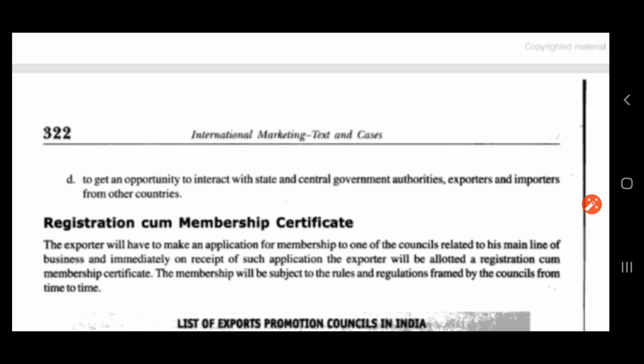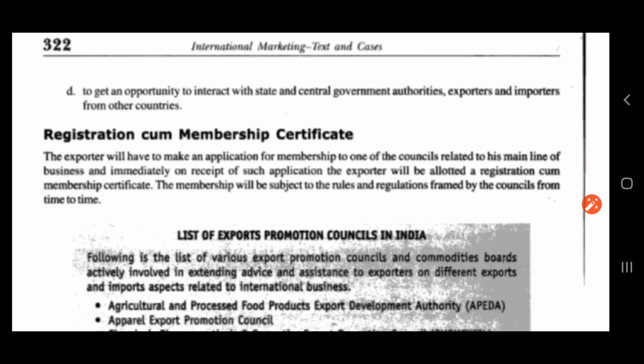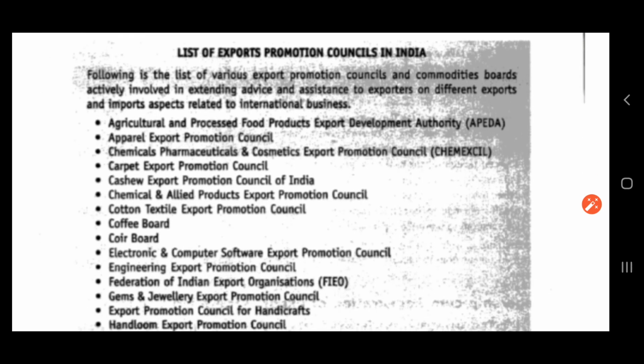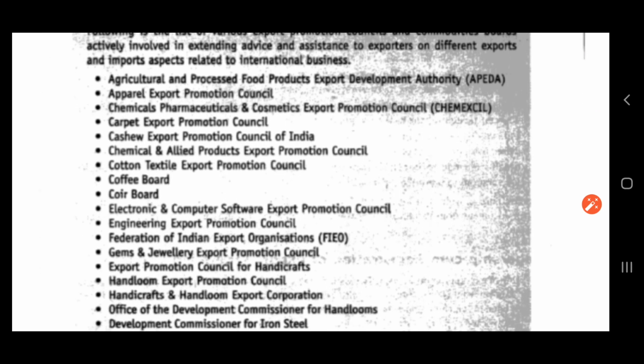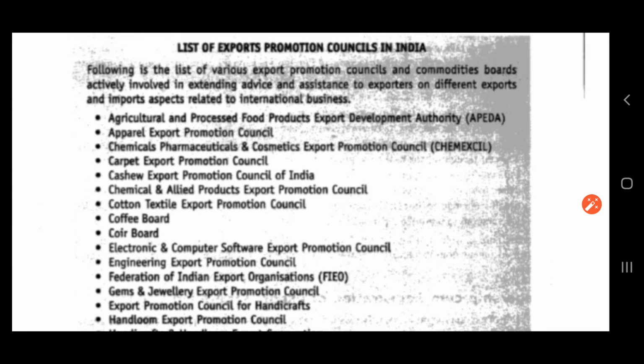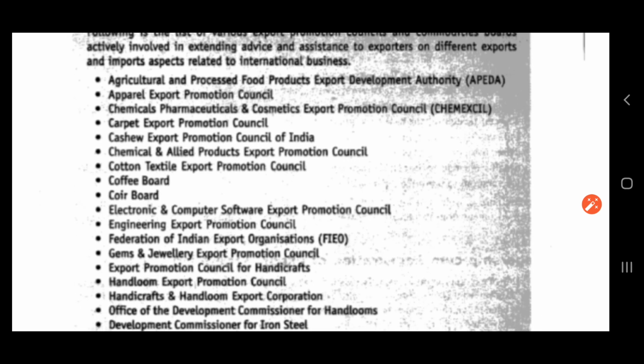There are many promotion councils in India. If we see the list, these are the promotion councils where the exporter can get membership or registration.